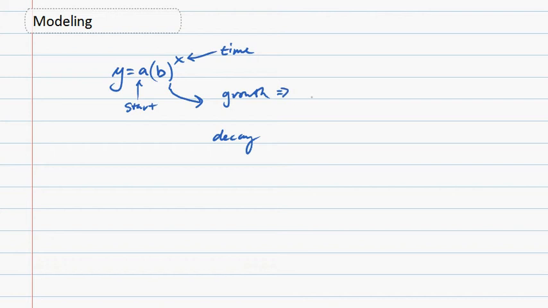If it's growth, you take 1 plus the rate of growth. Now, normally that rate is like a percent. So, example, if you are growing by 5%, you would do 1 plus 0.05. And so, what your b would be is 1.05.